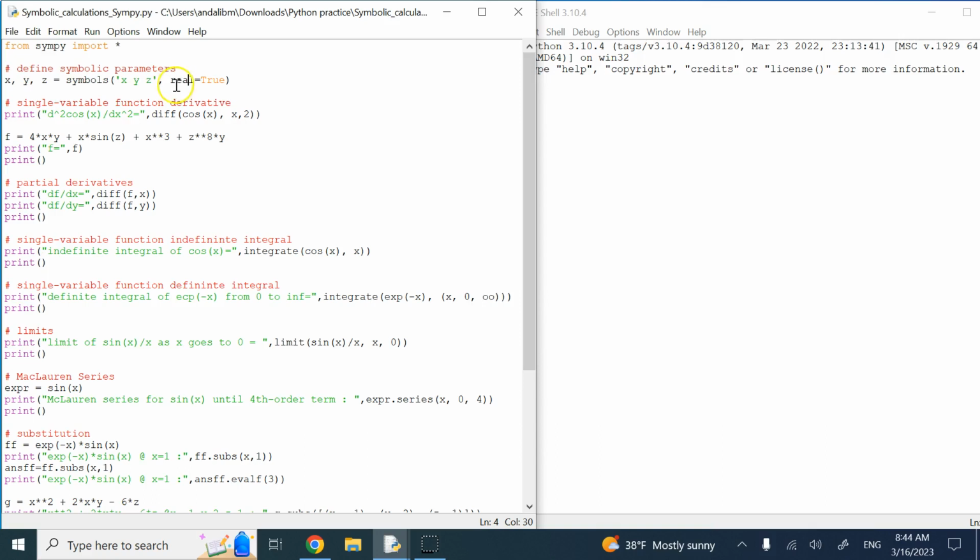So here we're saying that these parameters are going to represent real numbers. You can add other things. For example, we can say positive true, right? If we say that, that means these parameters are positive. They're representing positive numbers, okay? So if you don't want, you can just go ahead and basically get rid of this. But then if you are solving, let's say, an algebraic equation and the number that it gets for x and y could be a complex number, right?